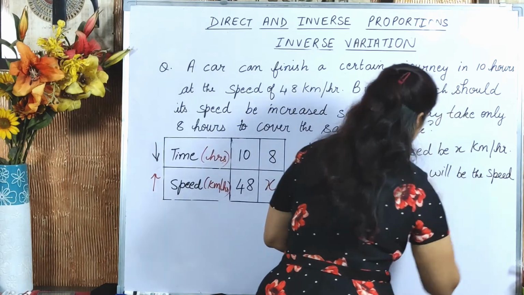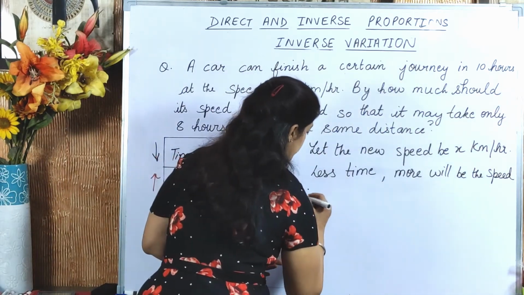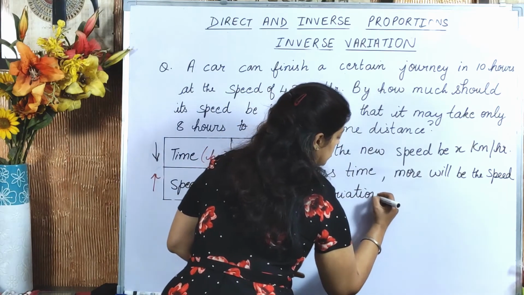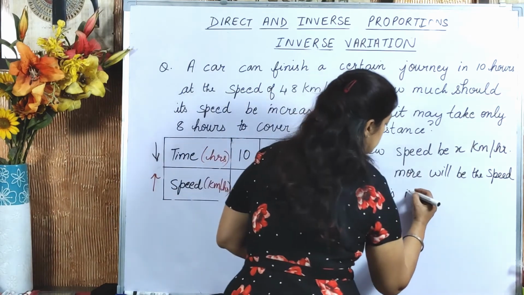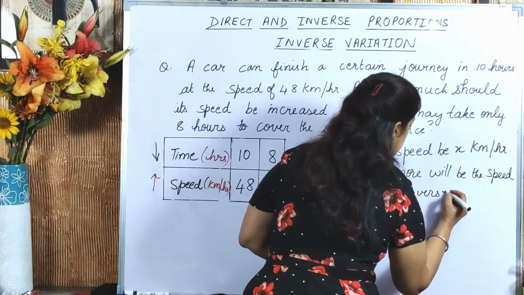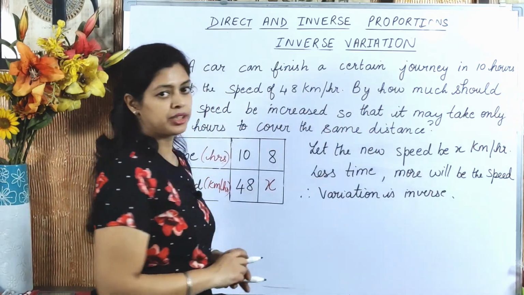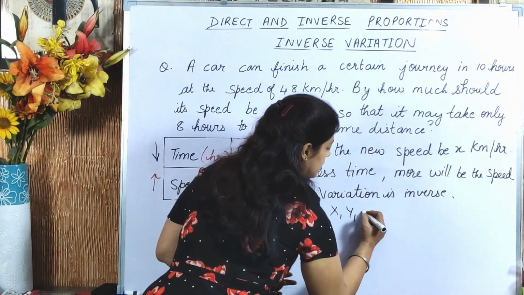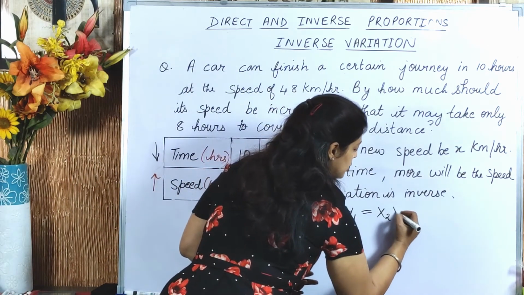So this is a case of inverse variation, that is, therefore variation is inverse. In case of inverse variation, we know that x1 y1 will be equal to x2 y2.